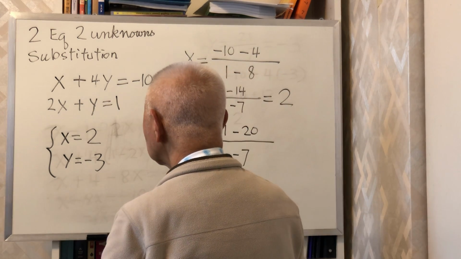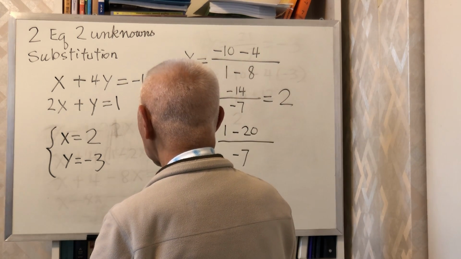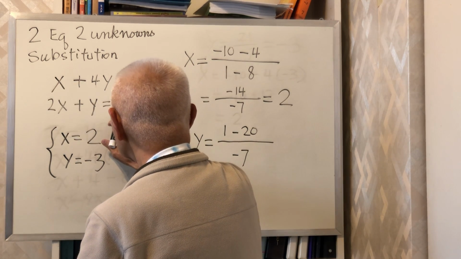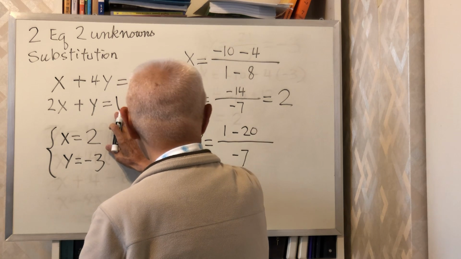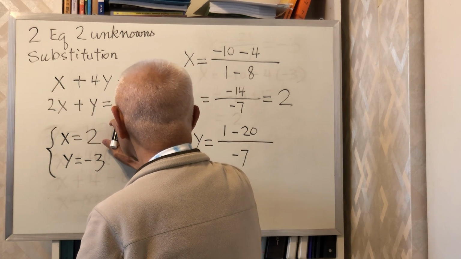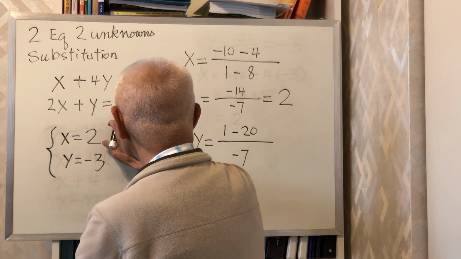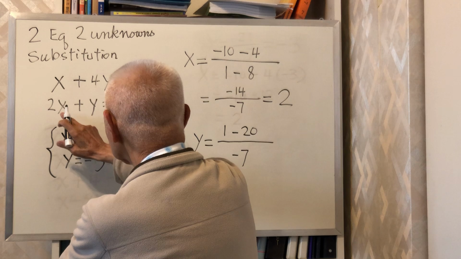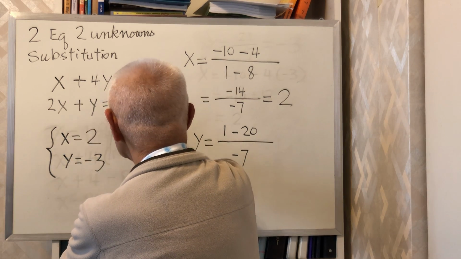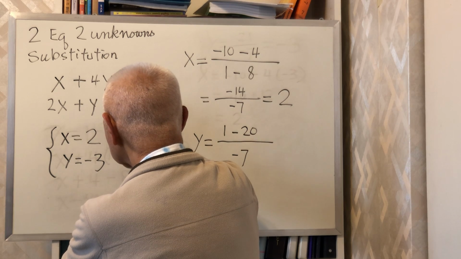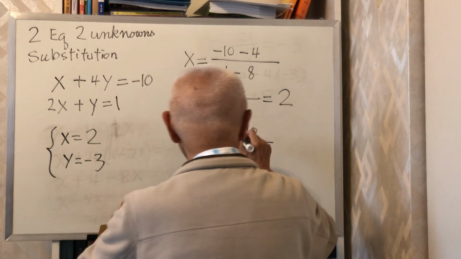Okay, so something is, I made a mistake, right? 1 times 1 is 1, and minus 2 times negative 10 is negative 20, but minus negative 20, so it's plus.